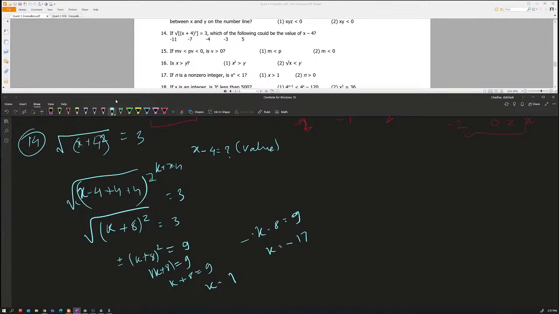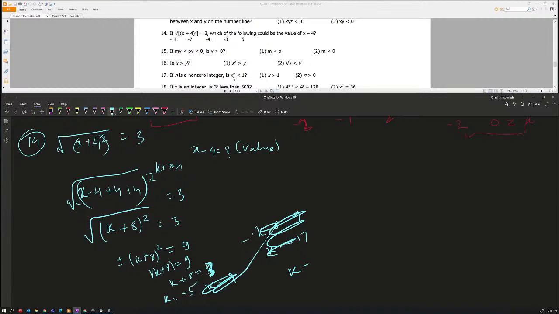So either it would be 1 or minus 17, which is neither in our case, so we have solved something wrong. So what is the value of x minus 4? Oops, equal to 3, not 9. That's the problem. So this becomes k equal to minus 5, which is one of the values not given.